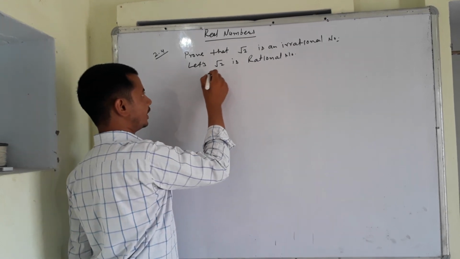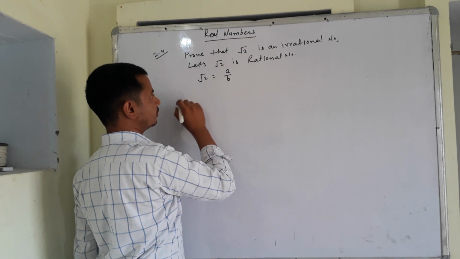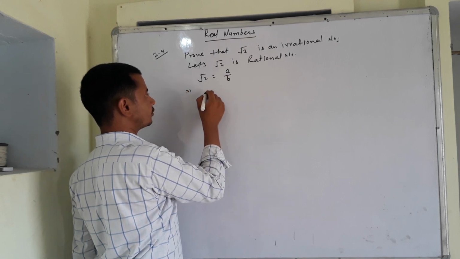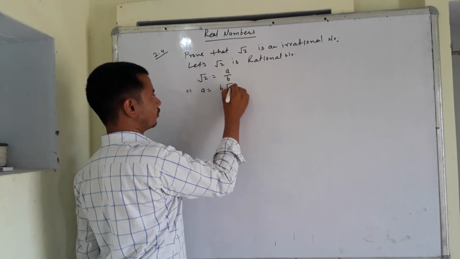then we can write it in the form square root 2 equal a upon b, and we can also write it in the form a equal b square root of 2.